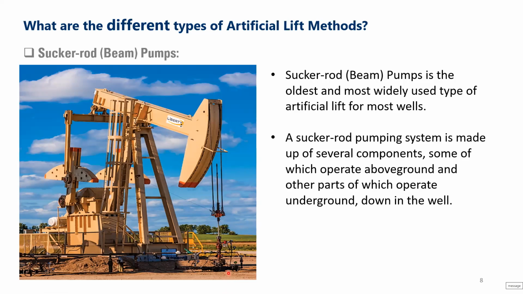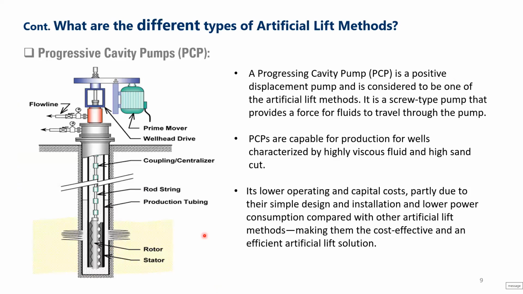The stroke gives the mechanism underground the pump the action to open the chambers to contain the oil, and as the process continues, we have the flow to the surface. So this is just a brief introduction to the sucker rod. Secondly, we have the progressive cavity pumps, the PCPs. It's also a very common artificial lift method.